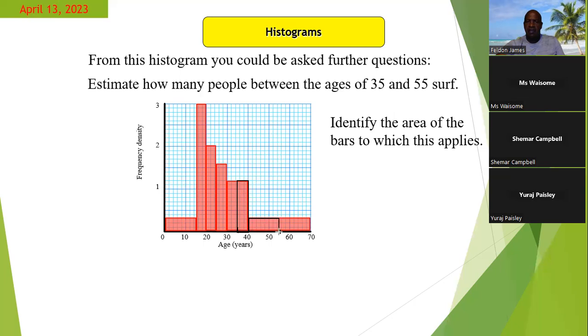You have this rectangle here. And then you would have to find the area of both rectangles that I'm highlighting. The area of both rectangles and add them together, right? So from 40 to here, what length would that be? So from 40 to 55, what is the length we would have there, the ages that we would have there?